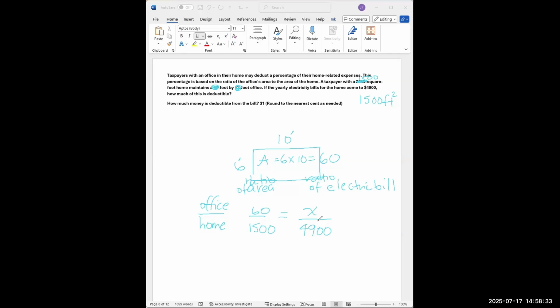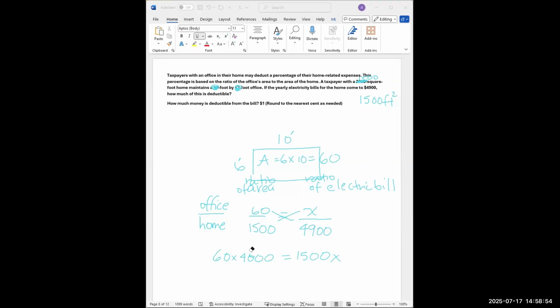That's our missing number. And now to solve this, remember, like with our triangles, we can cross multiply. So 60 times 4,900 is equal to 1,500 times x. Oops, that should be 4,900.